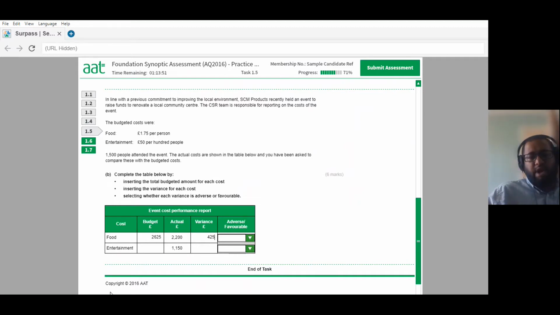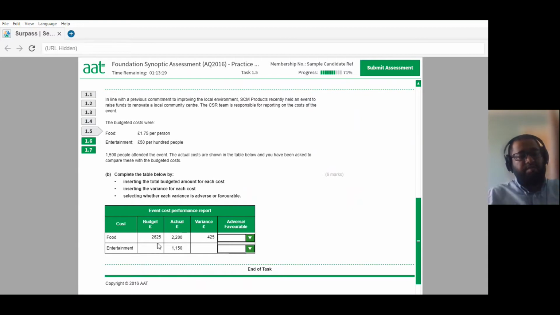So in this second one now, the total cost of entertainment, £50 per 100 people. So for 1,500, here 50 divided by 100 multiplied by 1,500, £750.